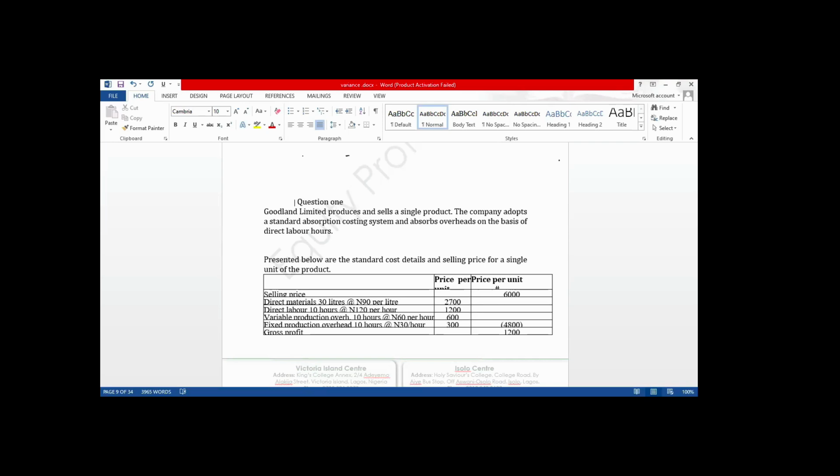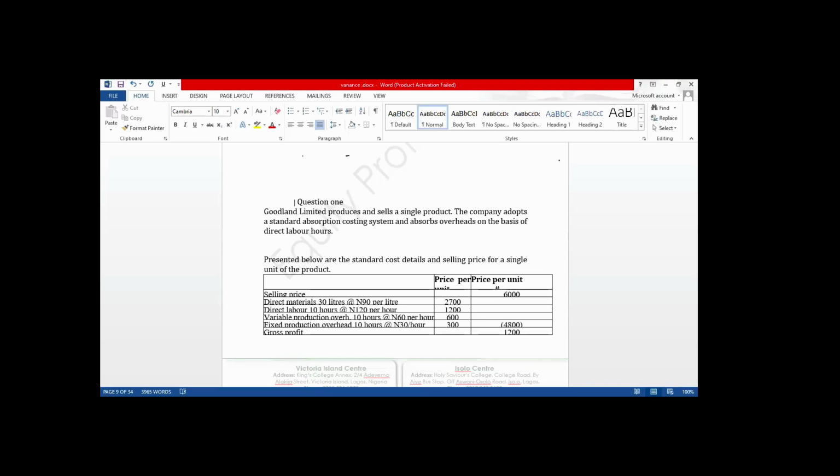Price per liter is 90 naira. If you multiply 30 liters by 90 naira, that will give you 2,700 naira. That is material cost per unit. To produce 1 unit, I'm going to use 30 liters of raw material.